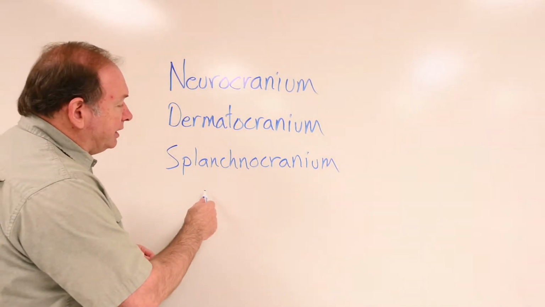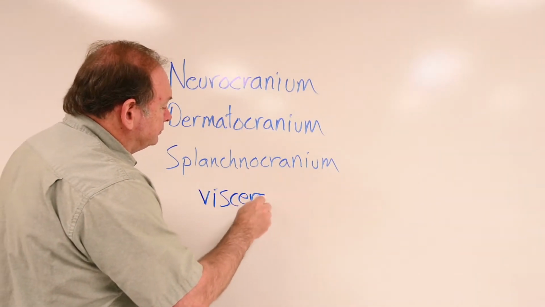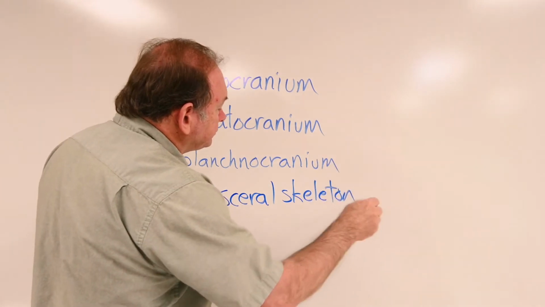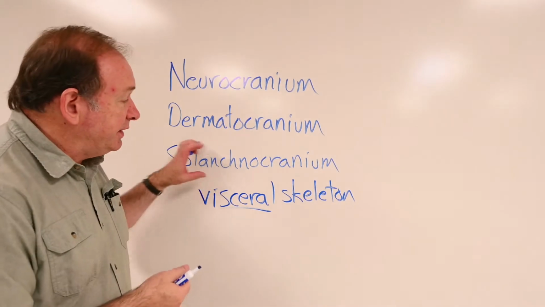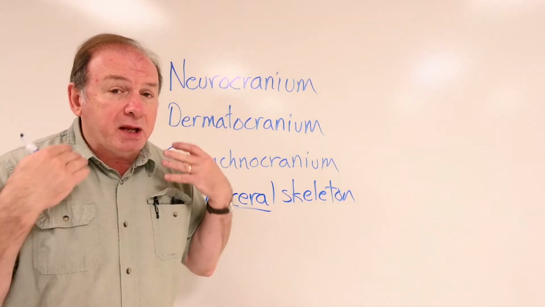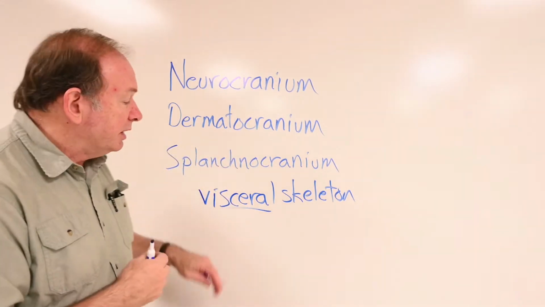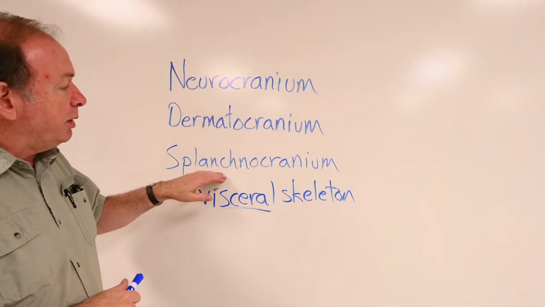Another name for this is the visceral skeleton. Again, when you think of viscera, you think internal organs, and since this surrounds the pharynx region, around the mouth and pharynx, it's the beginning of the gut, so it's the start of what we think of as visceral organs, and it's called the visceral skeleton sometimes, that splanchnocranium component.